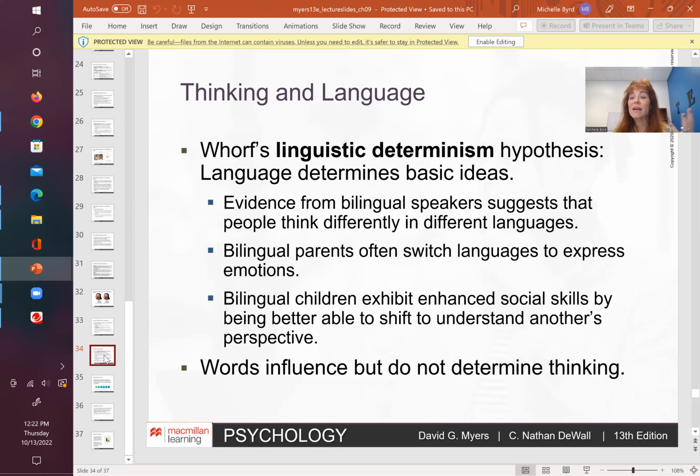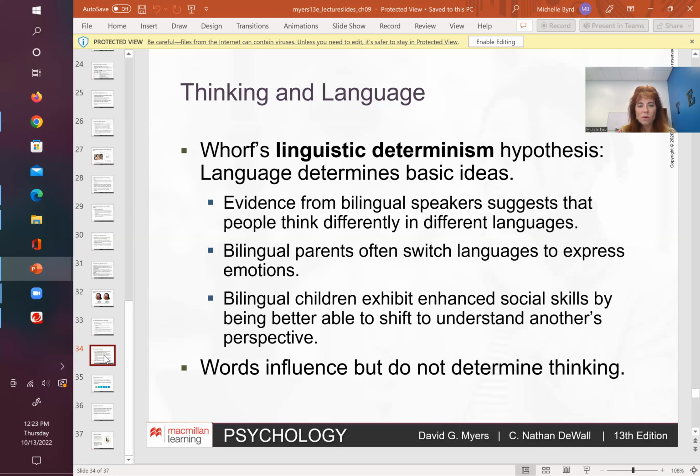When they acquire those languages later in life, you're still going to hear an accent. The earlier that second or third language is learned, the less likely they are to have an accent.